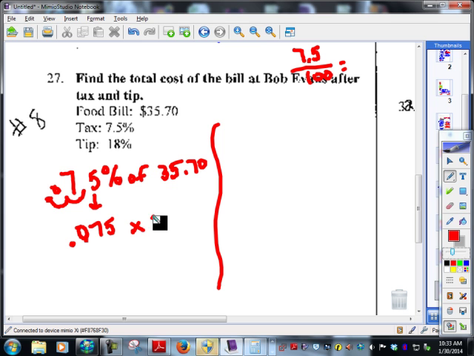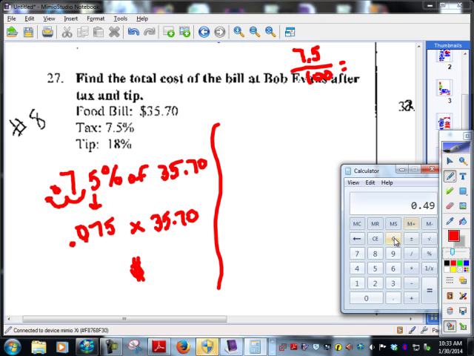Of means multiply. 0.075 times 35.70. You're going to get, anybody remember? Here, let's just check it. 0.075 times 35.70.